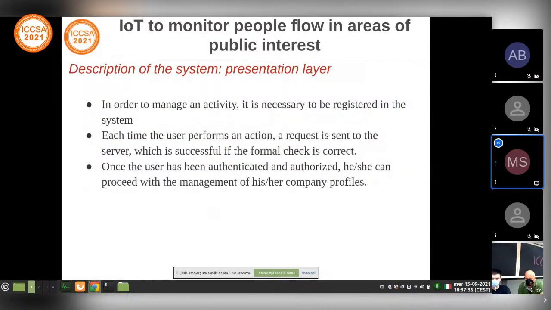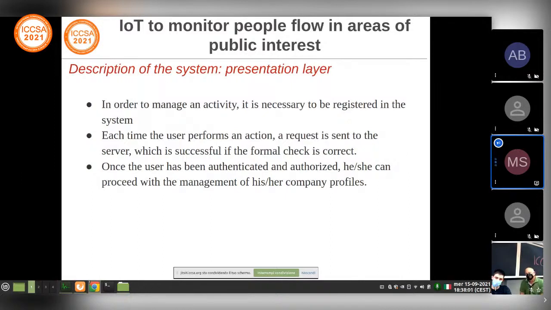In order to manage an activity, it is necessary to be registered previously in the system. Each time the user wants to perform an action, a request is sent to the server. This request is successful only if the formal check is correct.